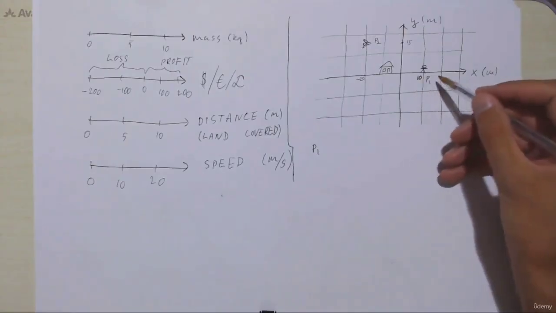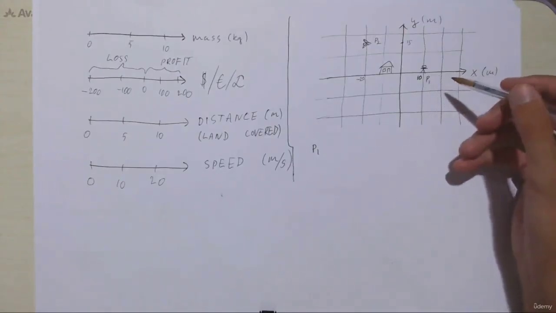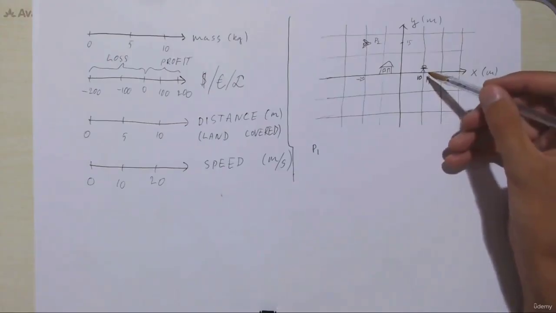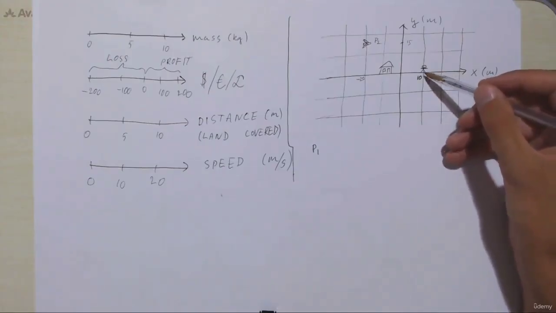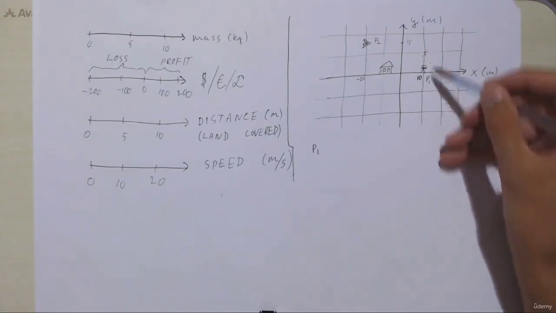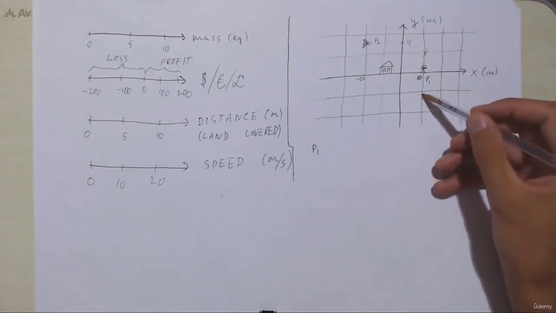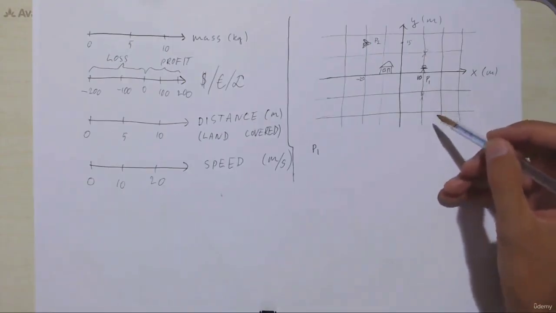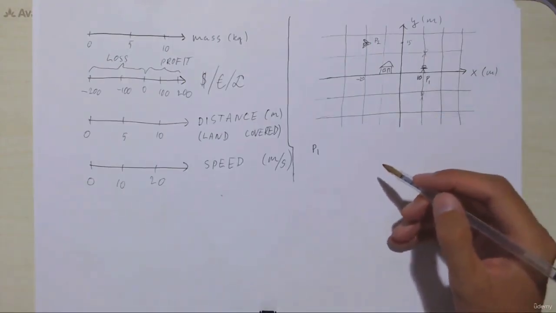So that's one number line. However, it's a 2D plane. So how do you know where exactly that person is? That person might be here, or here, or here underground. You don't know. So you also have to specify the second dimension.